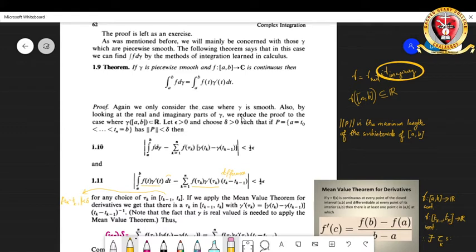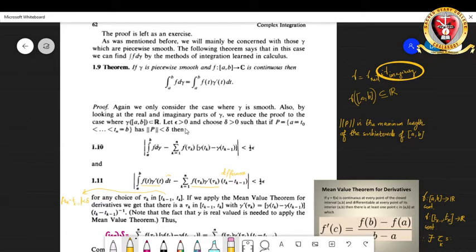Okay, so we are considering gamma is smooth, and also we are looking at the real and imaginary parts of gamma, and we are reducing it to gamma of the closed interval [a, b] coming inside the real axis. That means the values of gamma are lying inside the real number line. Okay, that is our basic assumption now here.